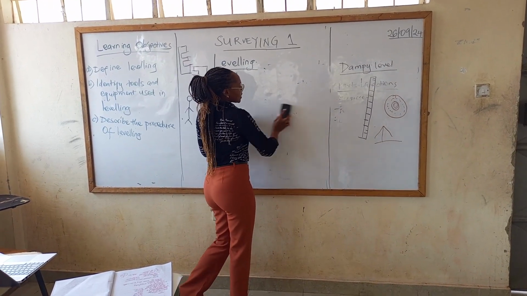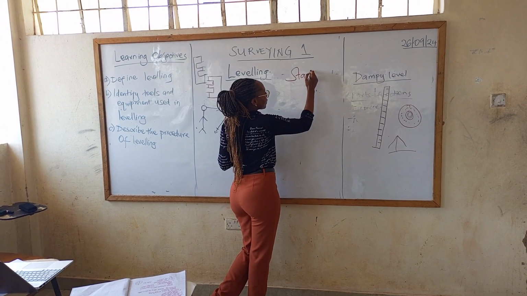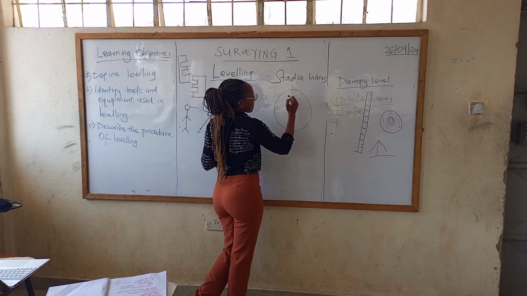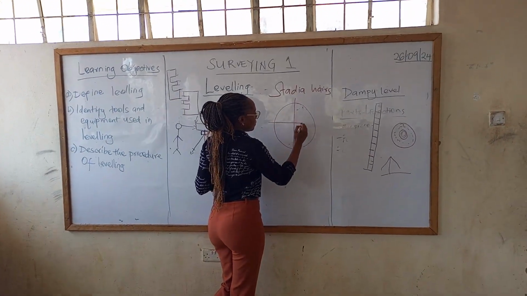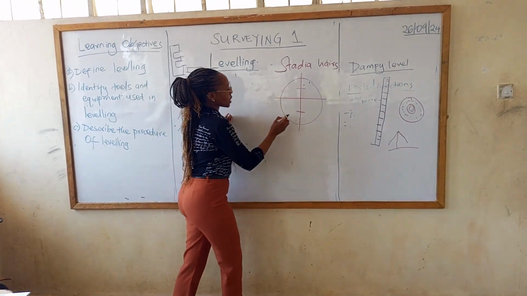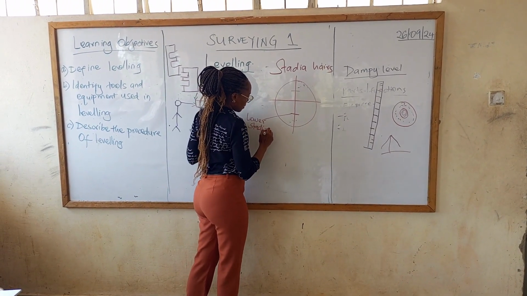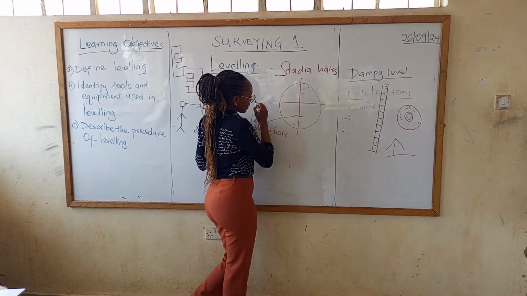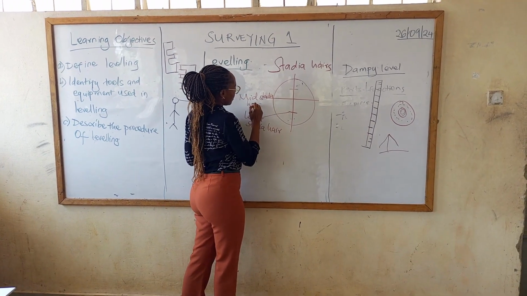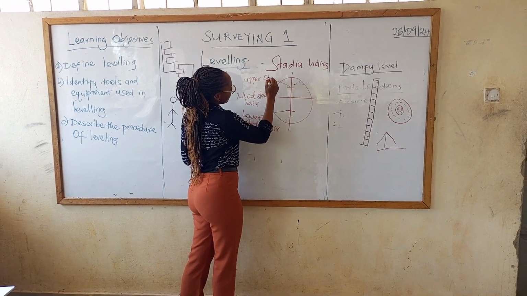Now, there is something called stadia hairs. So this is how they look like. There are three stadia hairs. There is a lower stadia hair, and then there is a mid stadia hair, and then there is an upper stadia hair.